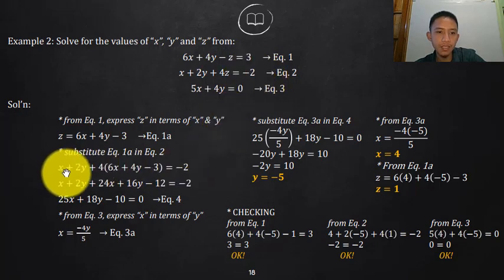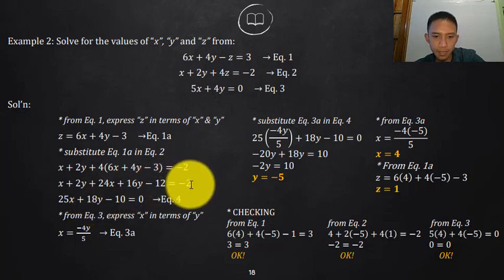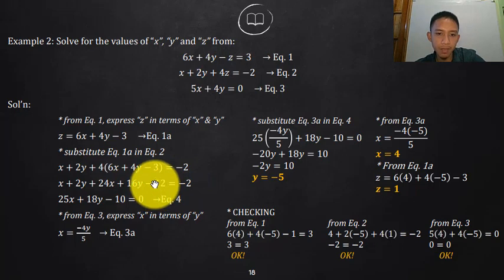So x plus 2y plus 4, multiply, distribute. 4 times 6x is 24x, that will be 16y, that will be negative 12. Combine similar terms. x plus 24x is 25x, 2y plus 16y is 18y, and then I can put this negative 2 on the other side, it will become positive 2. This negative 12 will become negative 10.